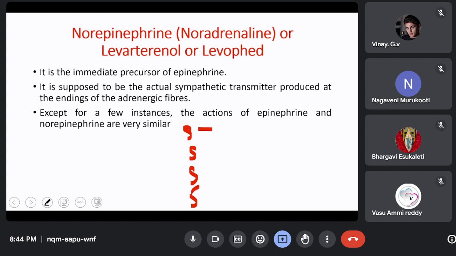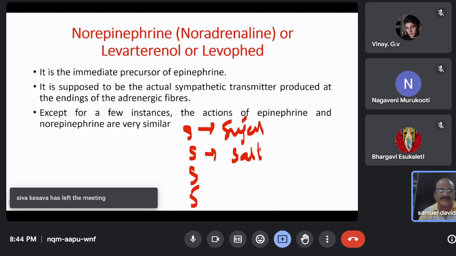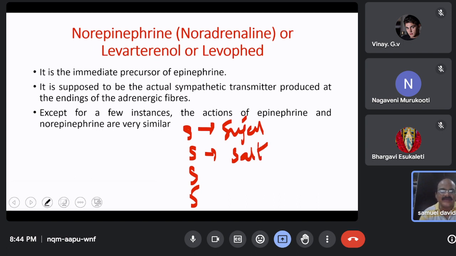The first S refers to sugar. The second S refers to salt, that means sodium here. The third S refers to stress.